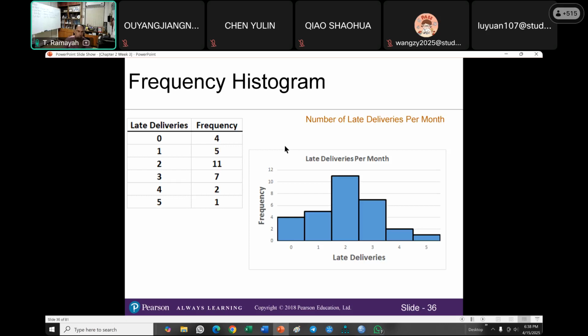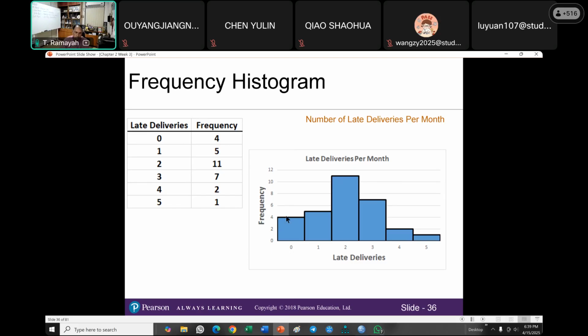So here we have 0 to 5 late deliveries. The frequencies are 4, 5, 11, 7, 2, and 1. These are the possible outcomes: 0 late deliveries, 1 late delivery, 2, 3, 4, and 5. For 0 late deliveries, we have only 4.